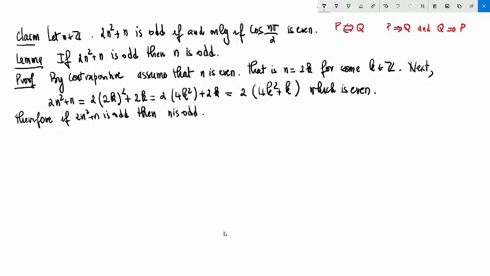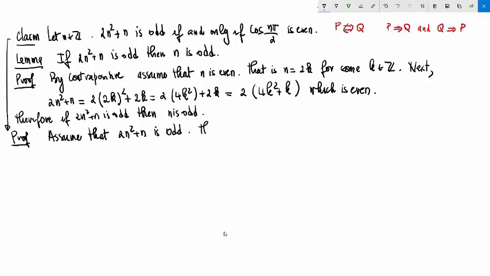All right, so this established the lemma. Now let me come back to the proof itself, to the original statement. Let us assume that 2n squared plus n is odd.